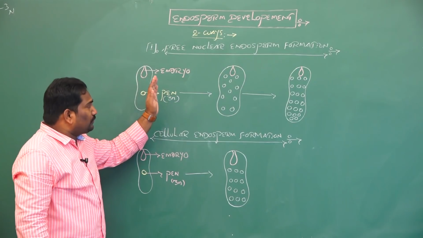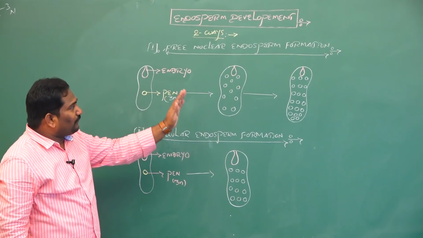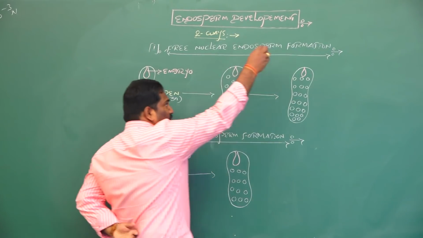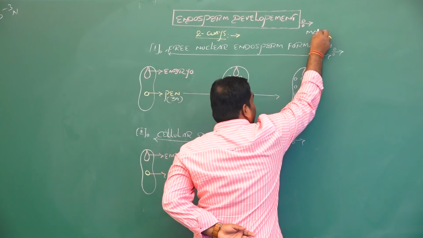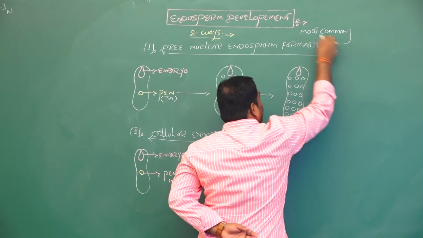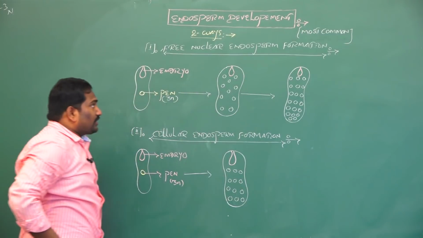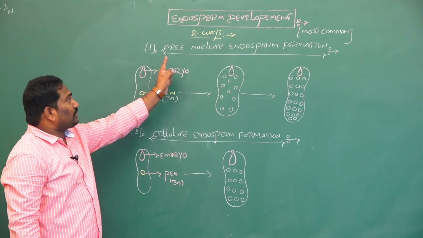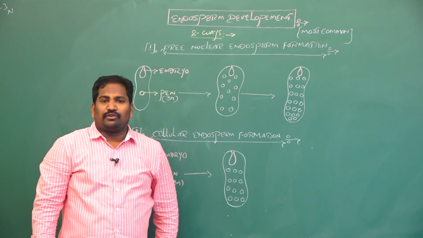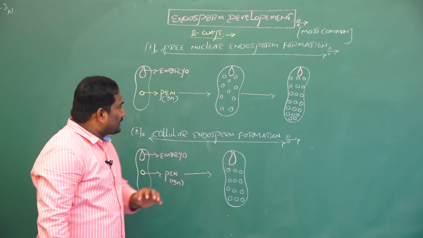Out of these 2 methods of formation of endosperm in angiosperms, the most common type is free nuclear endosperm formation. What is free nuclear endosperm formation? Very simple.